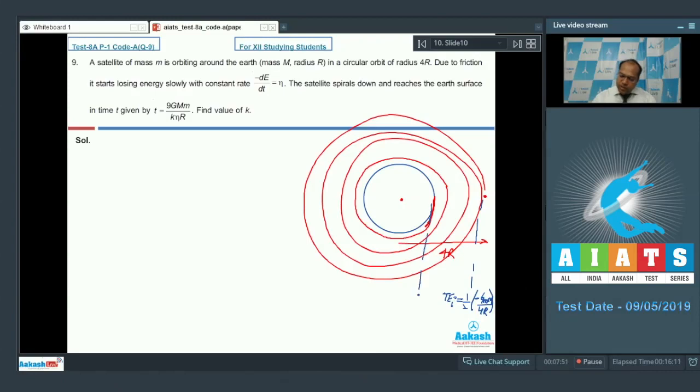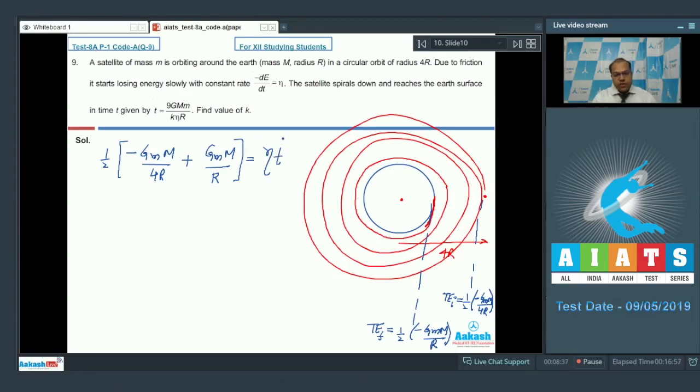Similarly, the final total energy is equal to potential energy by 2, so 1 by 2 of minus capital G small m capital M by R. The total loss in energy can be written as initial minus final, so 1 by 2 of minus G small m capital M by 4R plus G small m capital M by R. And this lost energy must be equal to eta into T, because dE by dt is constant.